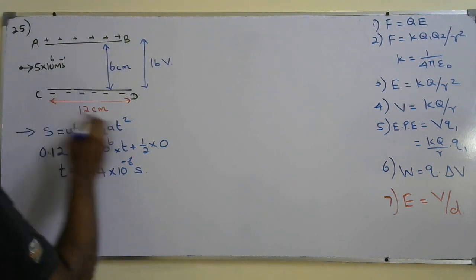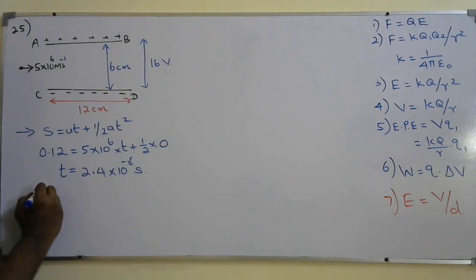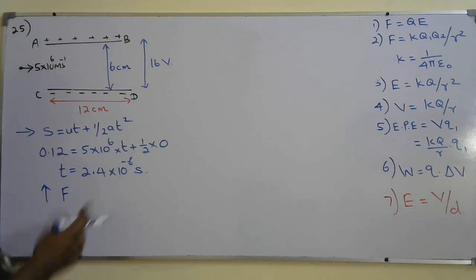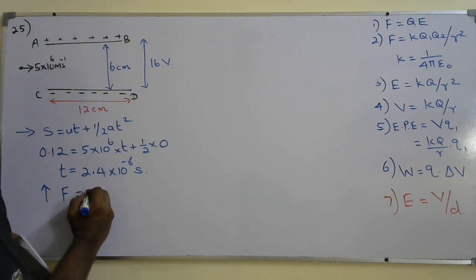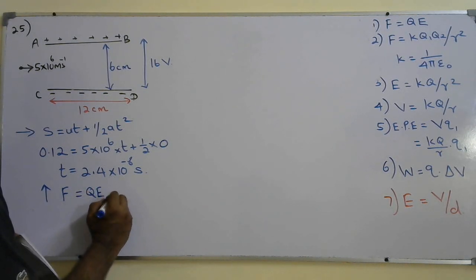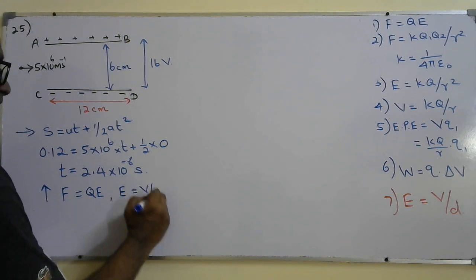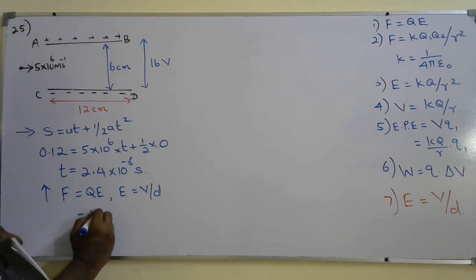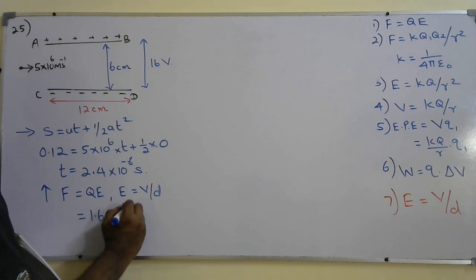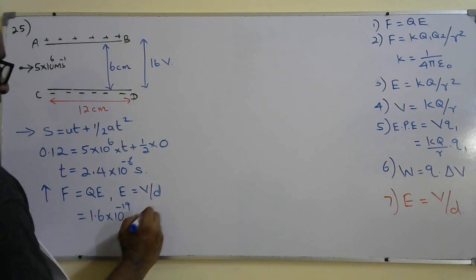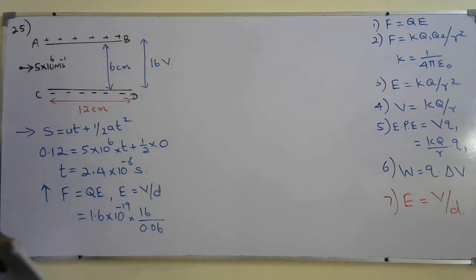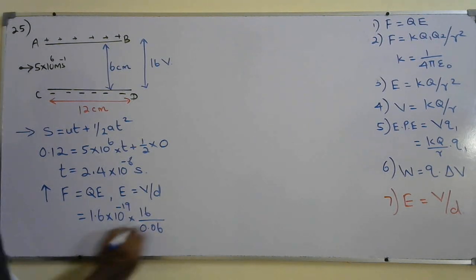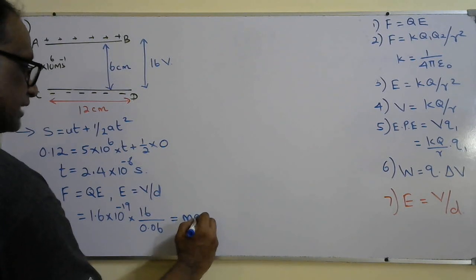So the force acting on the electron in this direction, F, the resultant force, is only the electrostatic force, the weight is negligible. F equals the charge of the electron times E, and we know E equals V over d. So the charge of the electron, 1.6 × 10^-19, times V over d. The potential difference is 16 divided by the distance 0.06. That is the resultant force acting on the electron, which is equal to ma, the acceleration of the electron.